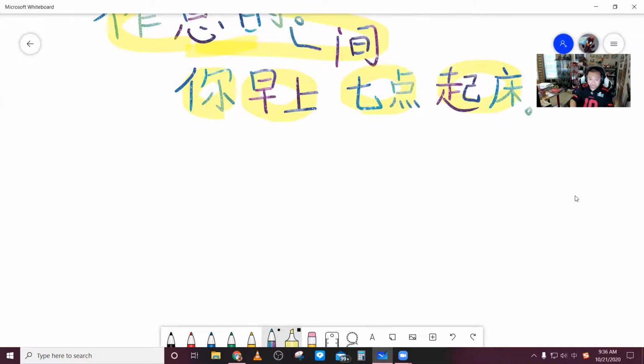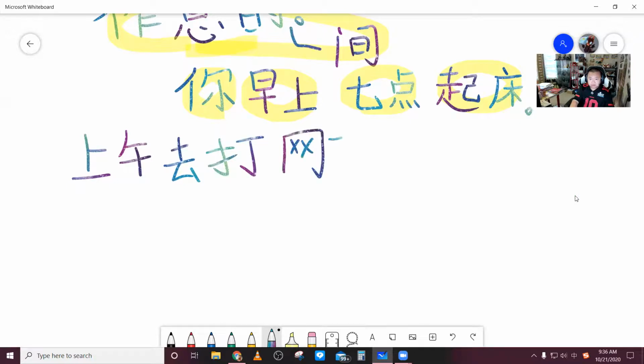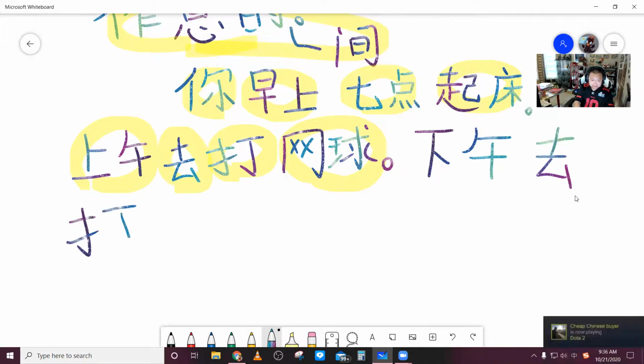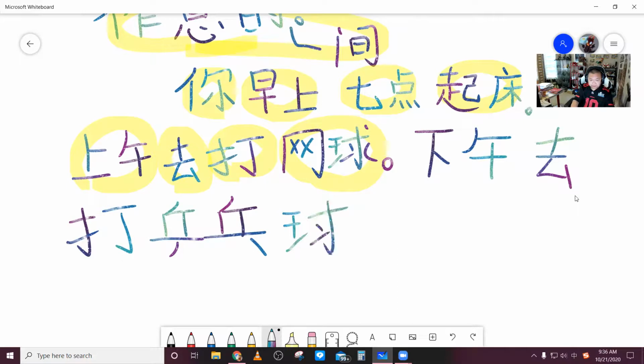你早上7点起床。上午去打网球。好，in the morning go play tennis。上午去打网球，下午去打乒乓球。下午 in the afternoon go play 乒乓。So you talk about two different sporting activities.